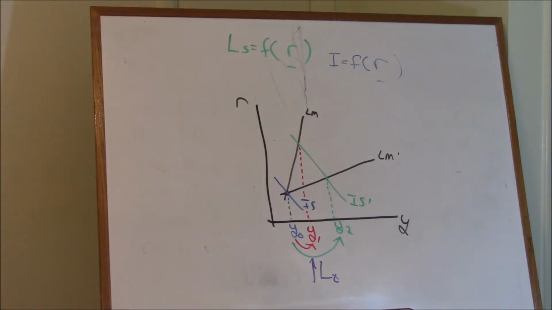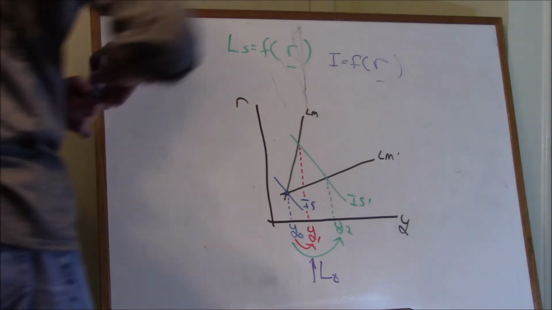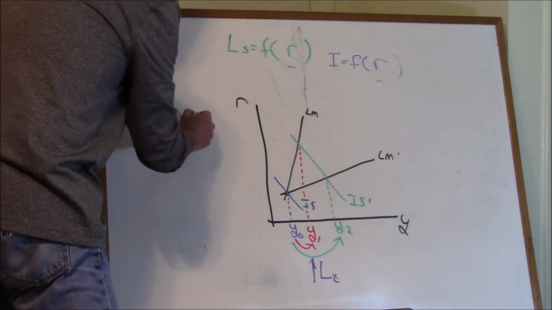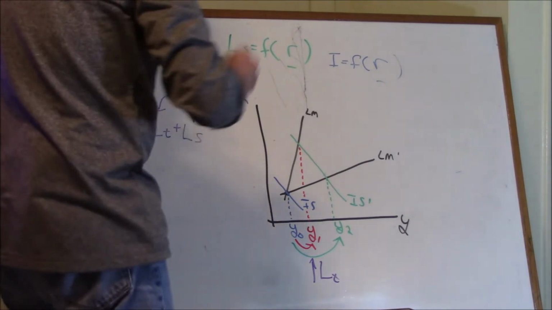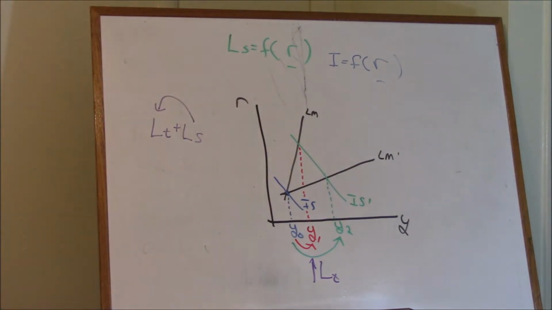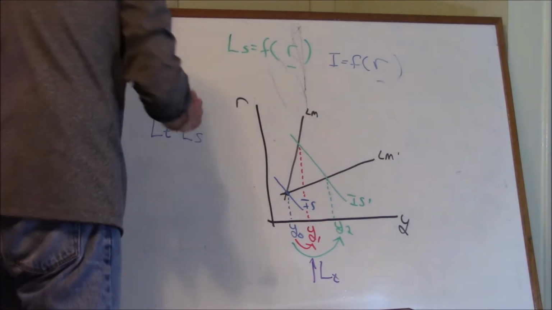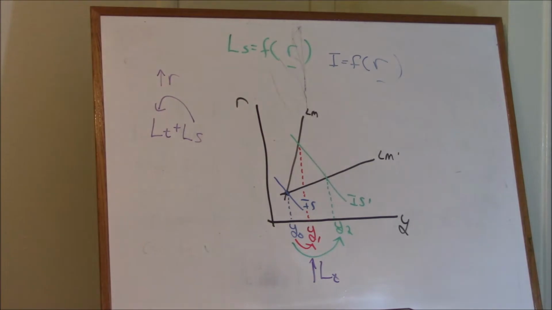That GDP is rising, therefore the transactions demand for cash is rising, therefore banks must find a way to get the LS people to give up their cash. And how do you do that? You raise the interest rate. You've got to get the cash to the LT people by attracting it from the LS people.